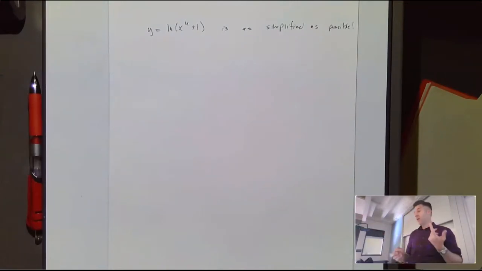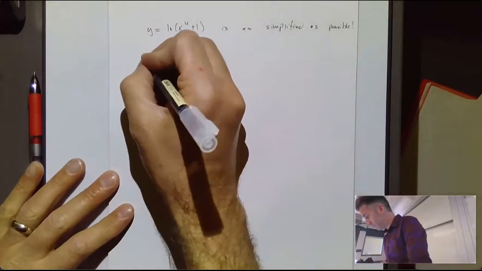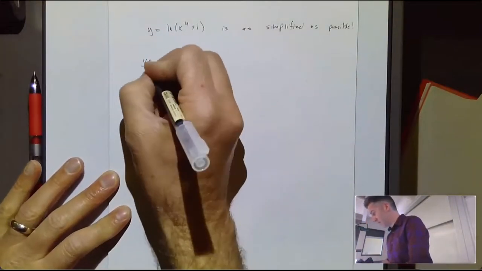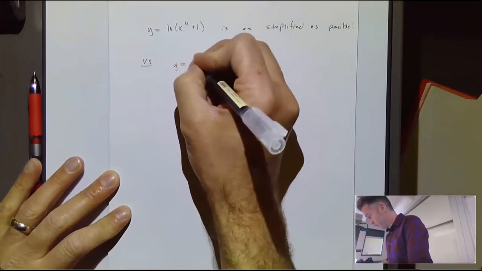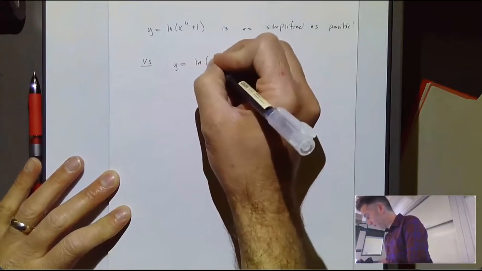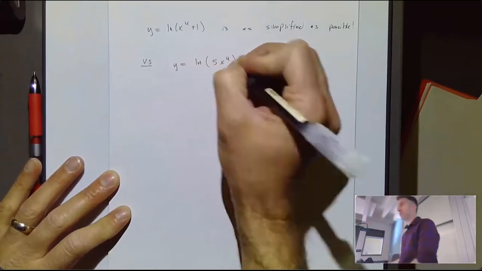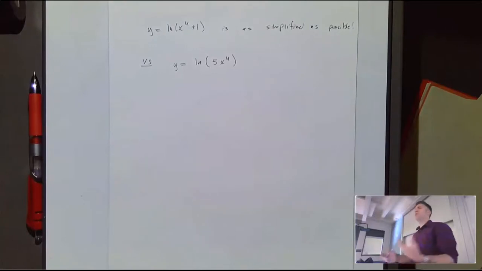It's not multiplied. Whereas, I know 1's not very interesting, but if you had something like y equal to the natural log of, say, 5x to the 4th, although you don't need to, right? You could totally take the derivative of this as just 1 over the stuff times the derivative of the stuff. It's not a hard derivative to take.